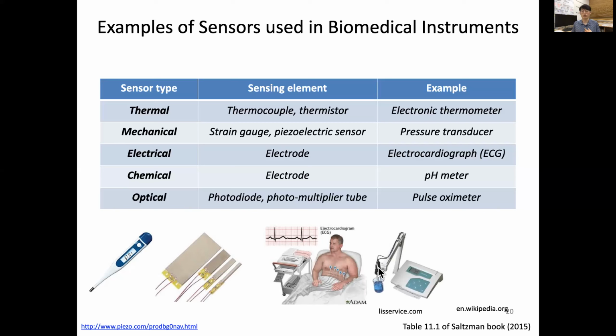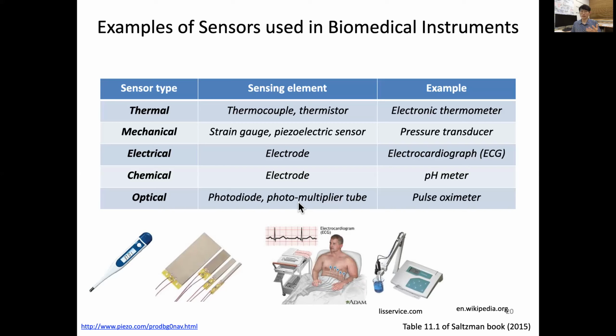And lastly, I want to discuss optical sensors and sensing elements, which measure photons, the amount of light. A typical one is the so-called photodiode, which is cheap and broadly used. The other, more specialty ones include the photomultiplier tube, which is very, very sensitive, even giving us single photon sensitivity.